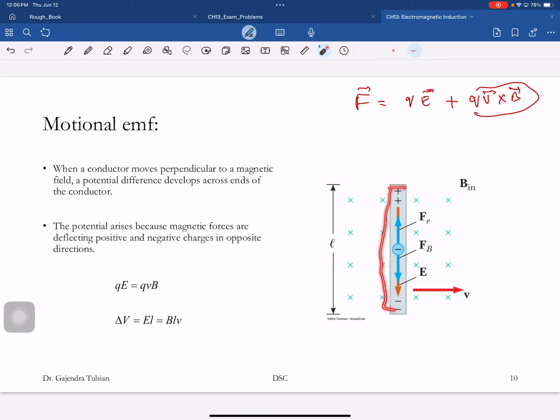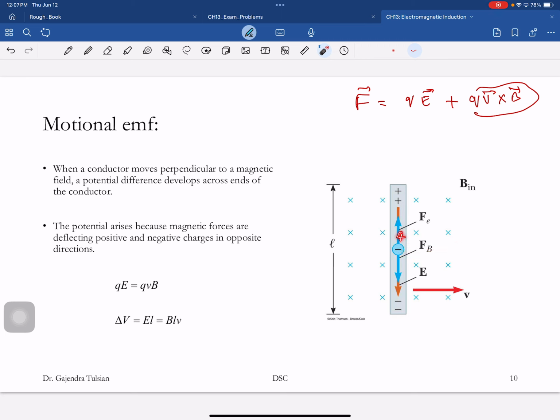And what we'll do is take a metal rod. What does a metal rod have that a piece of wood doesn't have? Free charged particles. So now what we're going to do is move this metal rod in that direction. Well, you're moving the charges as well along with it.